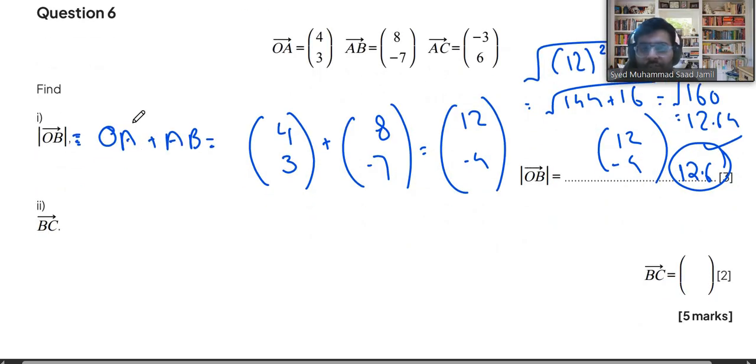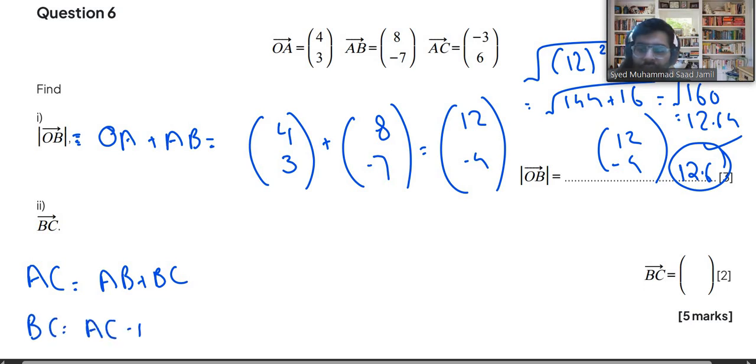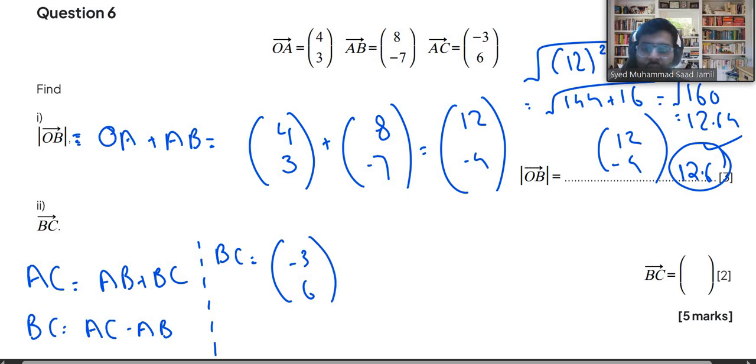Now, next question says we need to find BC. Now look, we already know that AC is equal to AB plus BC, which means BC is equal to AC minus AB. Alright, so BC is equal to AC, which is negative 3, 6.